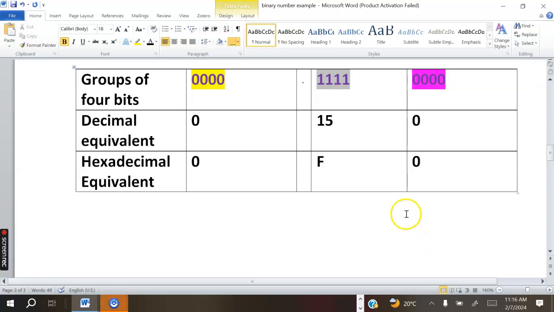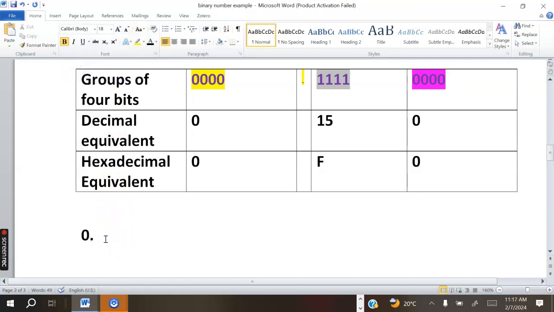Okay, having done that, the next step is now to write the answer. The answer is supposed to be 0 point. Don't forget the point. That's where we have our point.